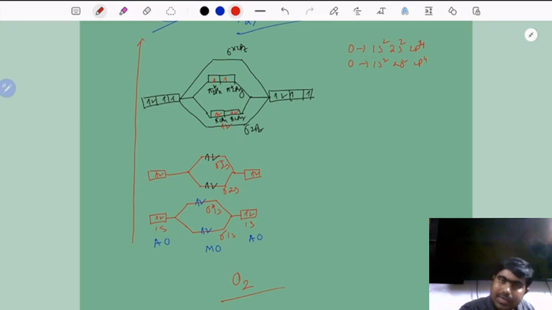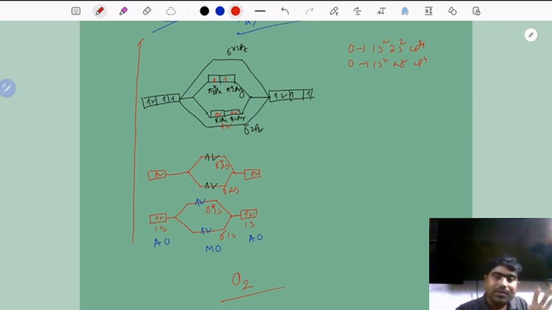Okay, clear? So this is the way to draw MO diagrams of molecules. First write the electron configuration, then the molecular orbital diagram.